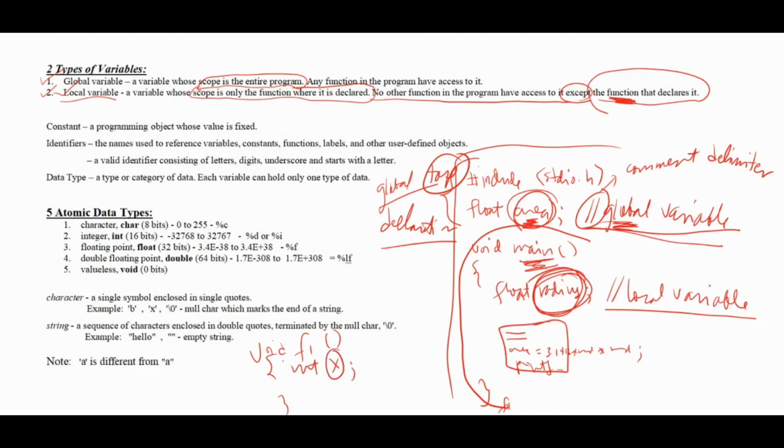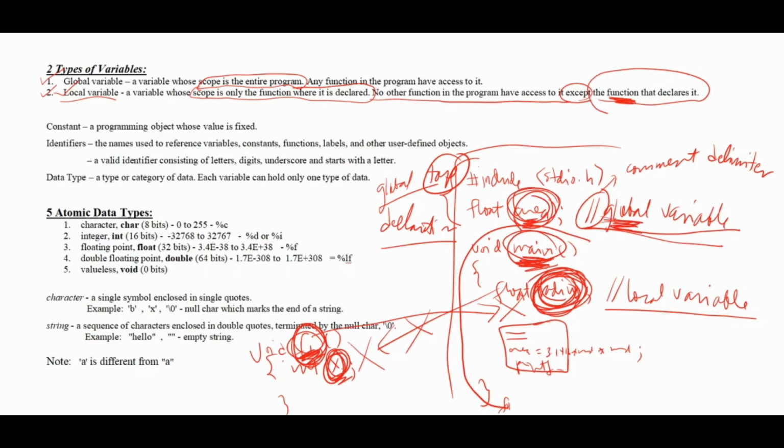X is a local variable declared inside function f1, and the main function cannot use x because x is owned by f1, and f1 cannot use radius because radius is owned by the main function. Only the main function can use radius. Only f1 can use the local variable x. But both f1 and the main function can use area because area is global.